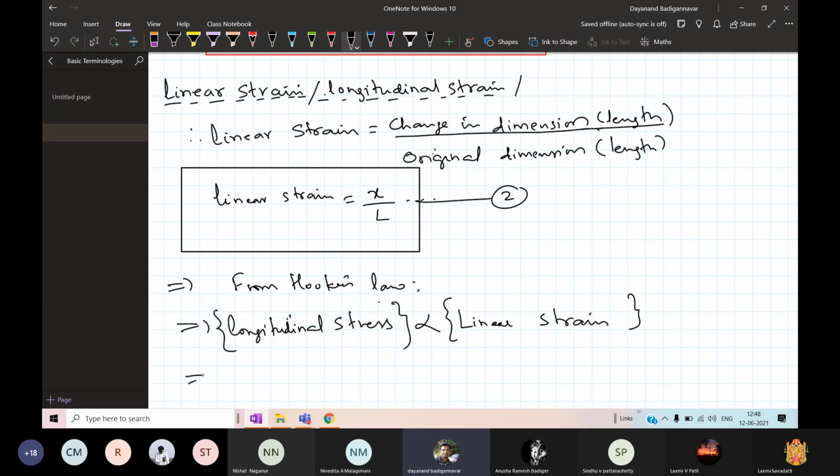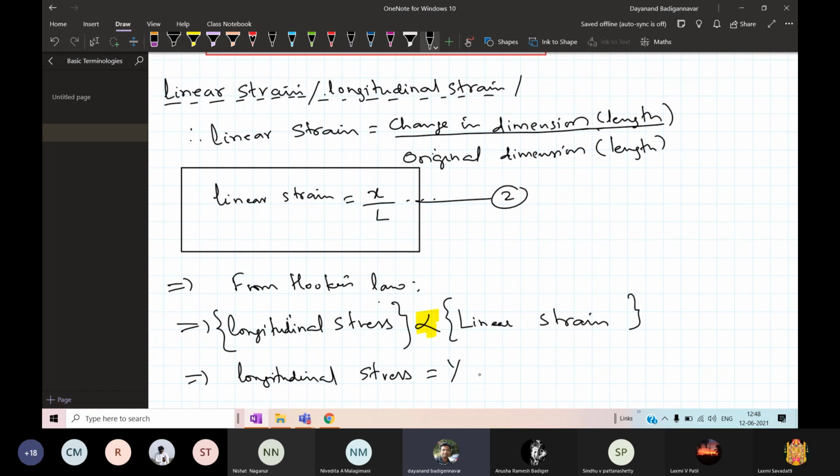So if I remove the proportionality sign, longitudinal stress will give you some constant.